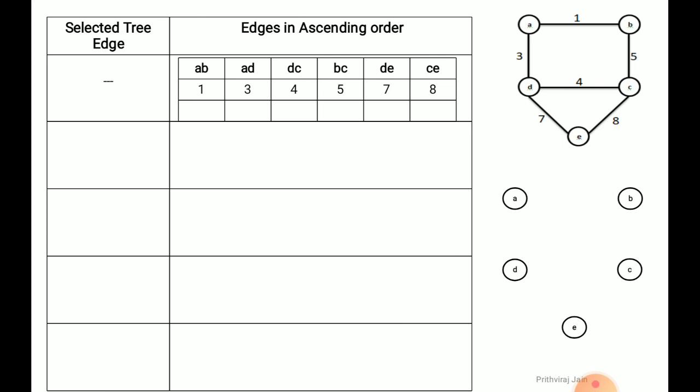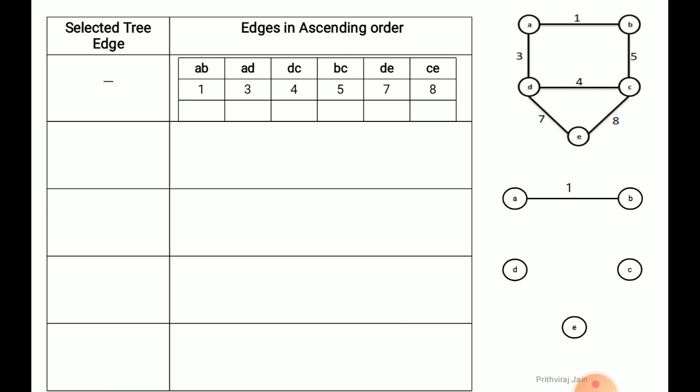First we consider the number of vertices in the main graph, and among the edges, the edge with the minimum weight, that is AB. As per our second step, while choosing the edge we have to check whether it forms any cycle in the graph.